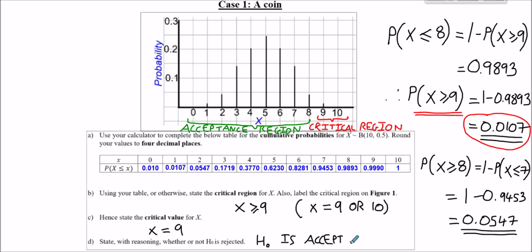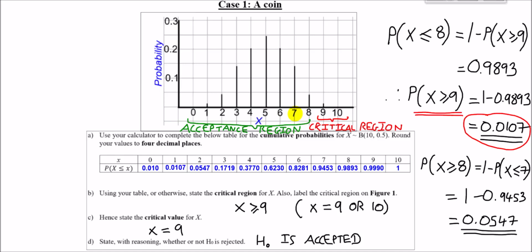If we remember what we said earlier about how many heads were obtained, we said that we had 7 heads. So the number of heads obtained was 7, which is here, and 7 lies within the acceptance region.